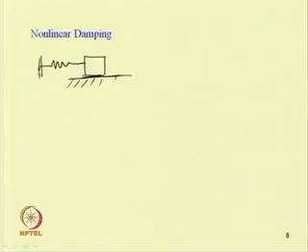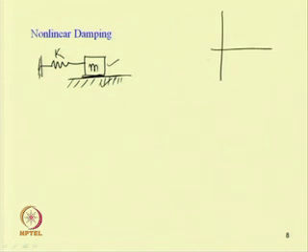K is the spring stiffness, and m is the mass of the system. As there is dry friction between this mass and the support surface, there will be Coulomb friction between these two.